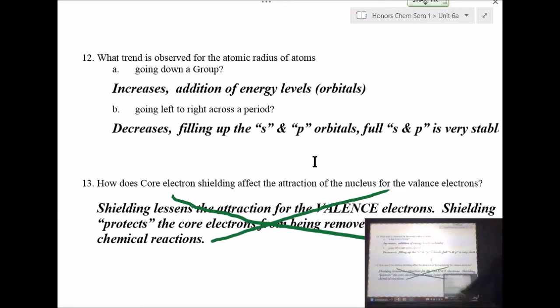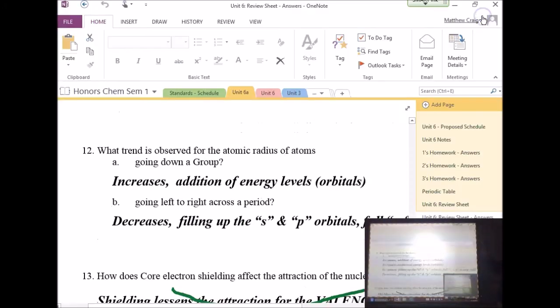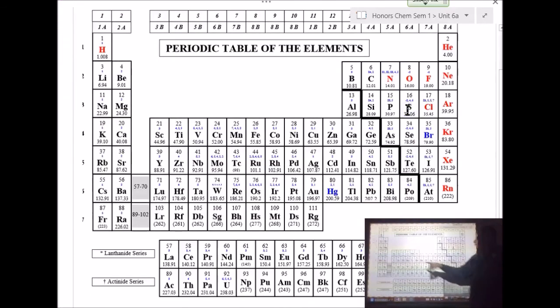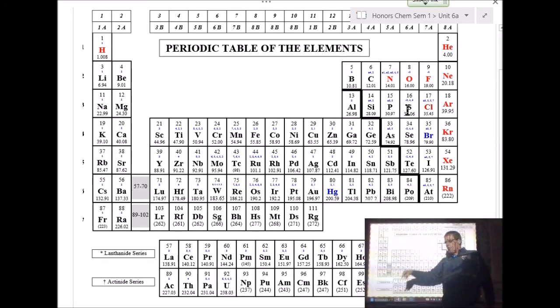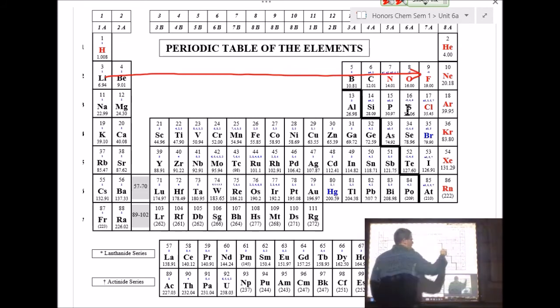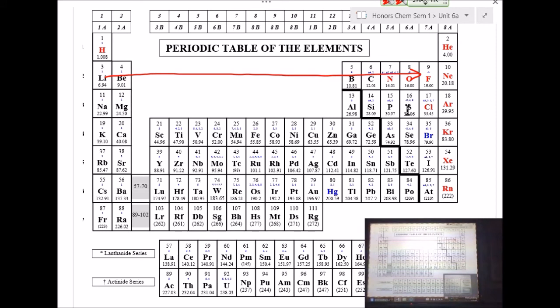Okay, which is different than moving left to right along the periodic table. So when you look at your periodic table and you say to yourself, he said they get bigger as we add electrons. What I don't want you to do is say to yourself, well, wait a minute. If we are adding electrons from here to here, we're not adding electrons to the same atom. Okay? That is true. That's the ionic way to look at it.